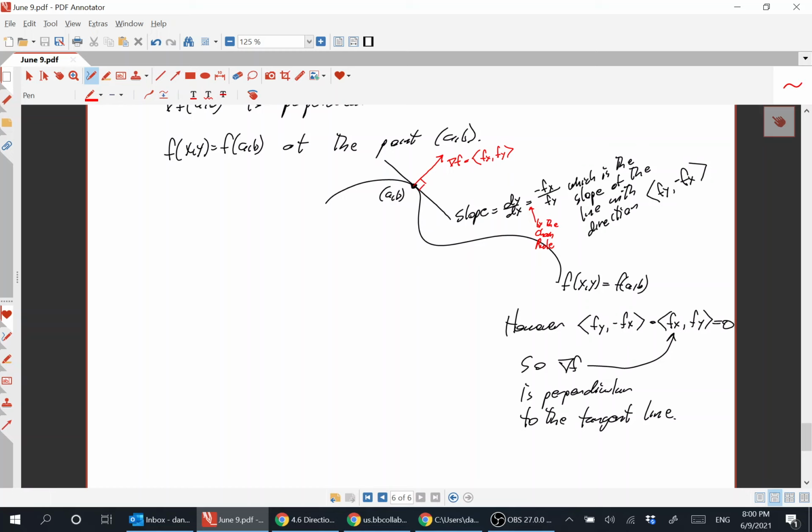The same holds true for three-dimensional functions and level surfaces, although the reasoning is a little bit different.